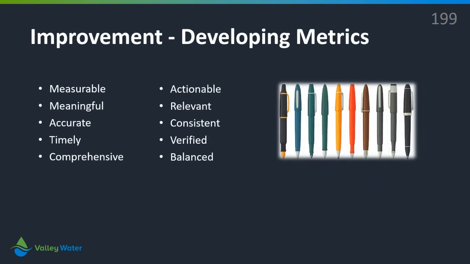So here are 10 tips from our experience in developing metrics for scoring. First, if you can't measure it, you cannot manage it. Measurement data helps to track performance over time and identify trends. The data should be meaningful and provide insights that support decision-making and improvement. It must be accurate and verified.